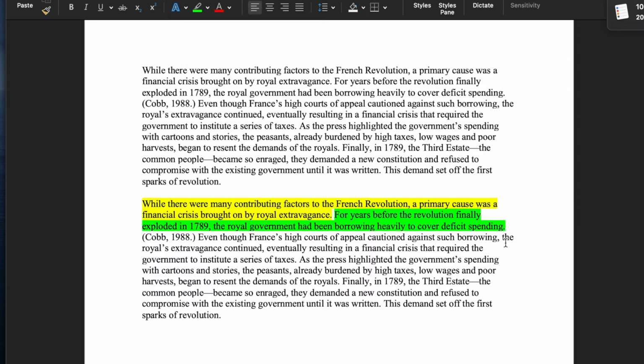So one of the causes of the French Revolution was royal government spending, or borrowing and overspending. In this next sentence, we are talking about the result. The result of that overspending was the financial crisis.